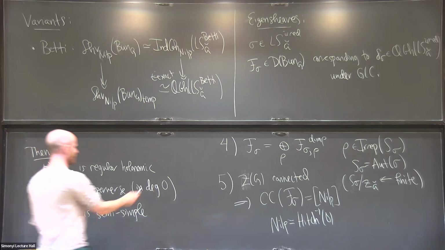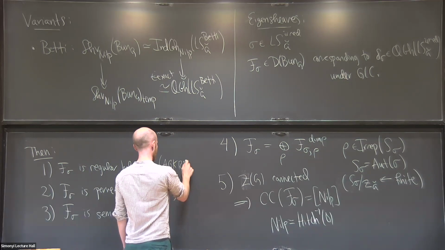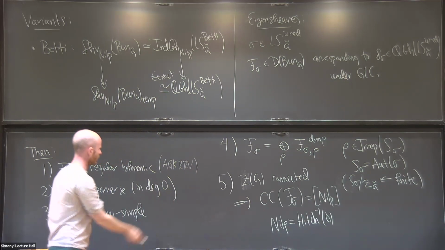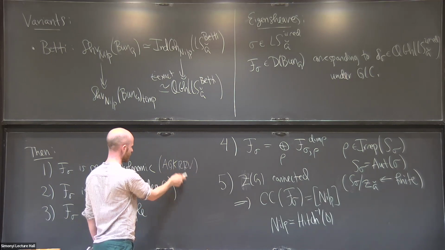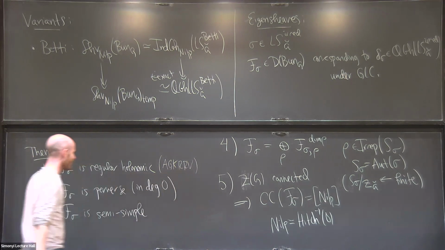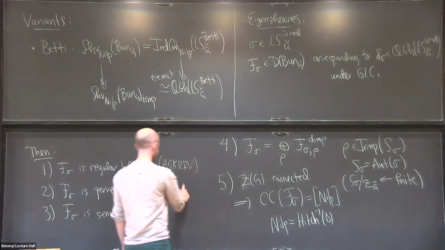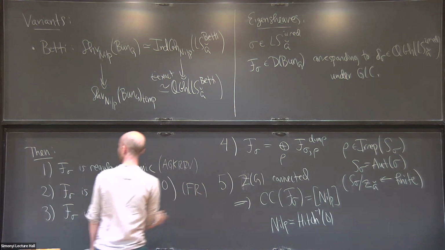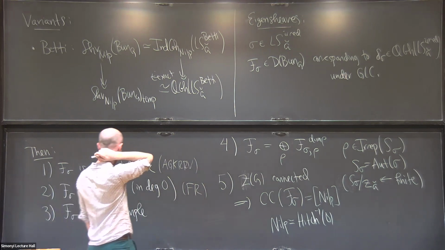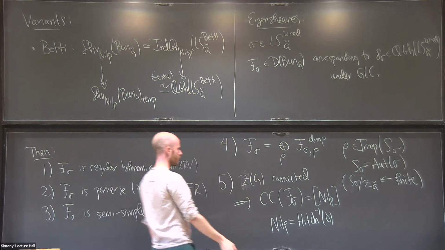So, attributions. This is from a joint series of papers with Arinkin, Gaitsgory, Kazhdan, Rozenblyum, myself, and Faergeman. This is a joint project with Joachim Faergeman. This is also due to that.